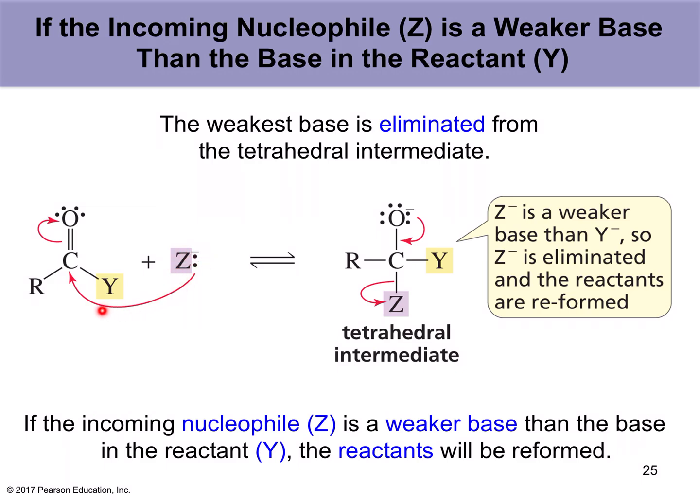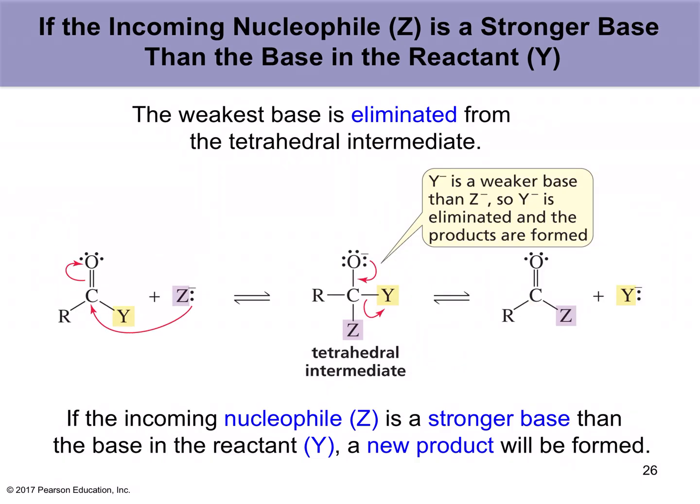Z will add to the carbonyl carbon and form the tetrahedral intermediate, but between Y and Z, if Z is the weaker one, then it will eliminate Z and we will get back the starting material. Z is a weaker base than Y minus, so Z is eliminated and the reactants are reformed.